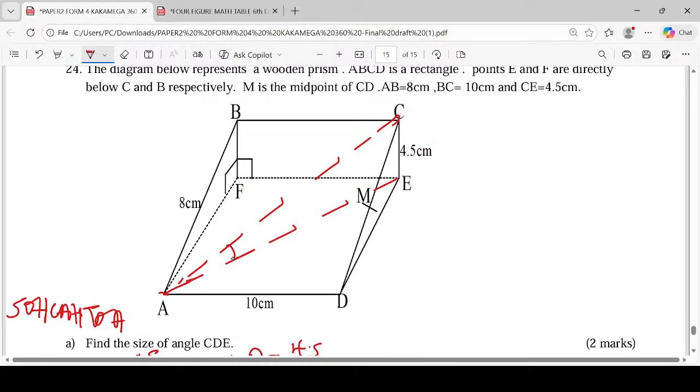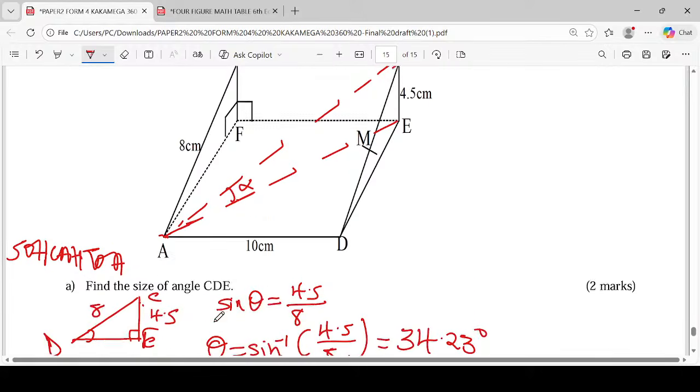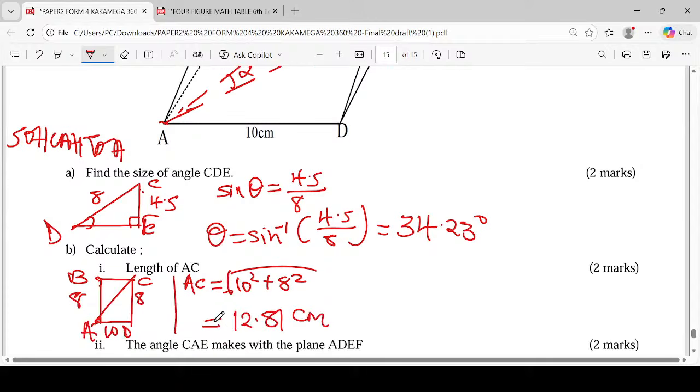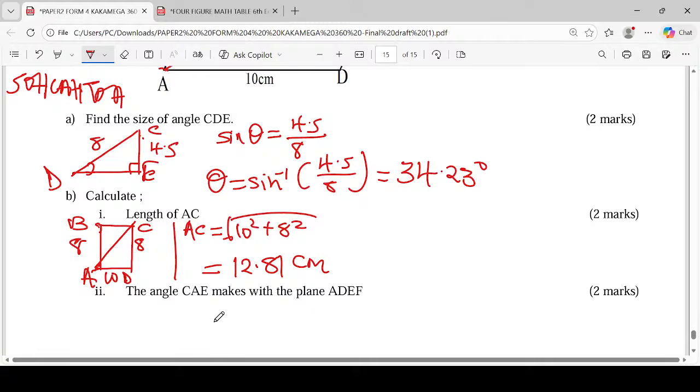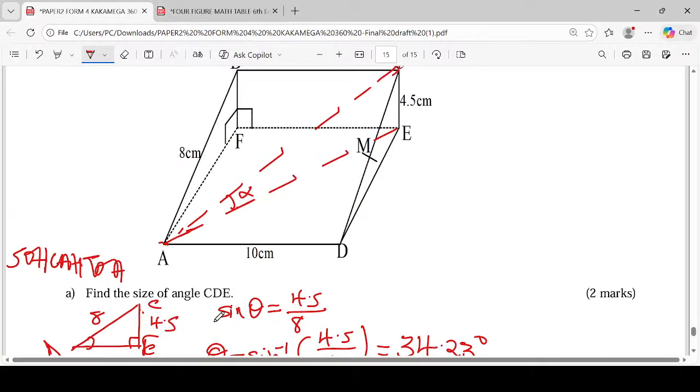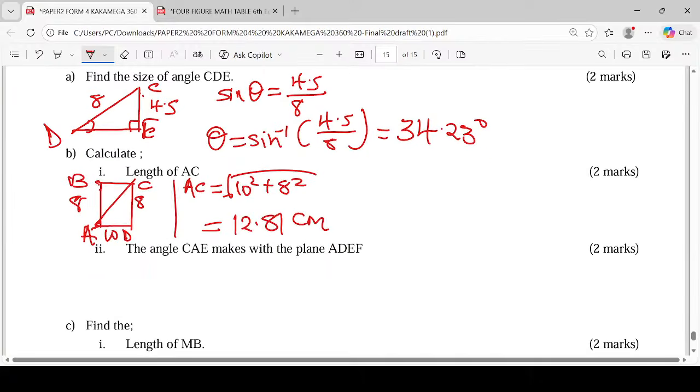This angle is the angle they want. So remember AC, I had AC as root 164. Let me draw first maybe before I explain. I'll have something like this.